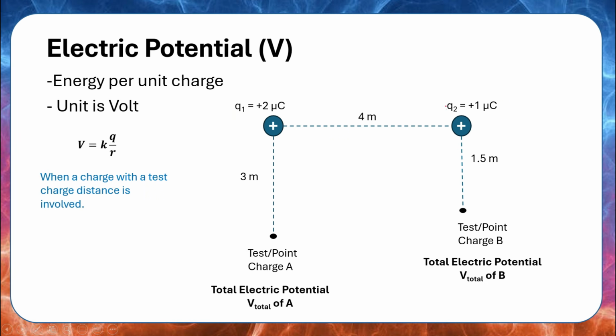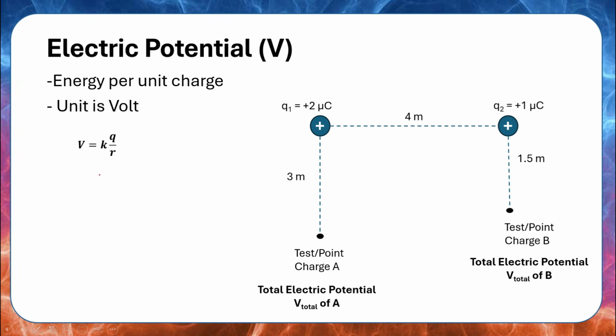And since there is also a Q2 here, test charge A also creates an electric potential from Q2. Whatever those electric potentials that it produces, you just need to add them up. So the electric potential of test charge A towards Q1 plus the electric potential of test charge A towards Q2, add them up, and that is your total electric potential made by our test charge A.